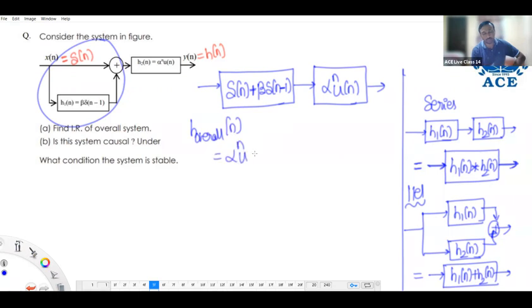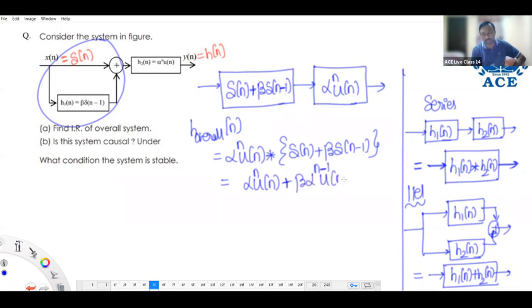So in the process of convolving them, blindly apply the convolution property of impulse, sir. Some signal convolved by del n means same signal. Signal convolved by del of n minus 1 means shifted.